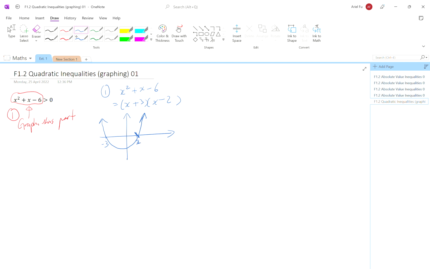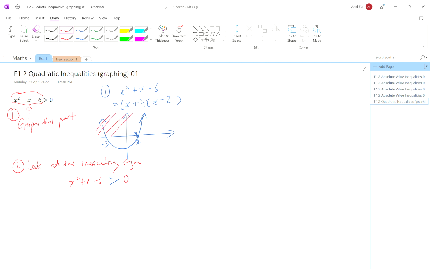Now, step 2, I'm going to look at the inequality sign. I want when x squared plus x minus 6 is greater than 0. What that means is it's above 0.